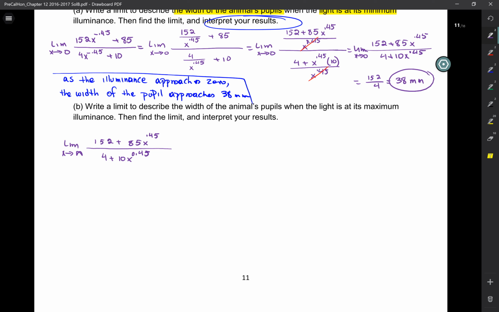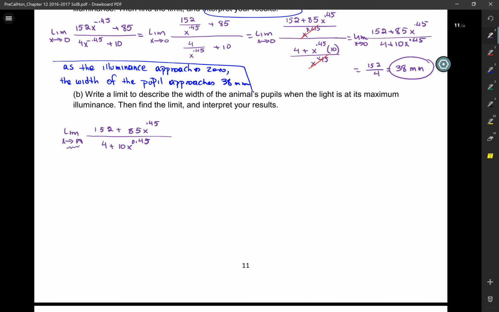If this is the limit as x approaches infinity, we're going to ignore the 152 and the 4 because we're just going to take the terms with the highest degree, so it's 85x to the 0.45 over 10x to the 0.45, which cancel, so this is just 85 over 10, 8.5 millimeters.